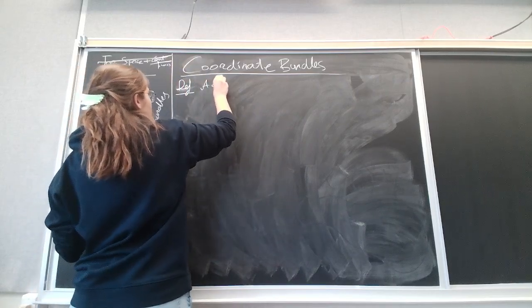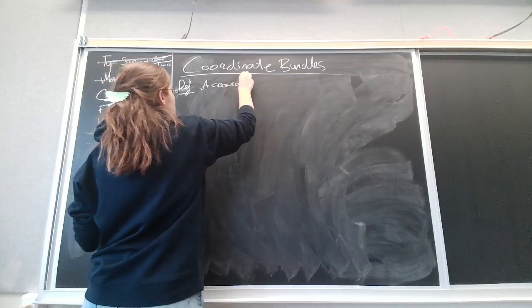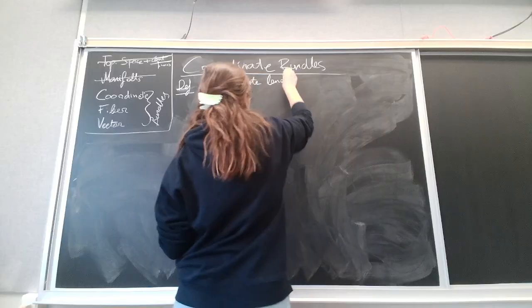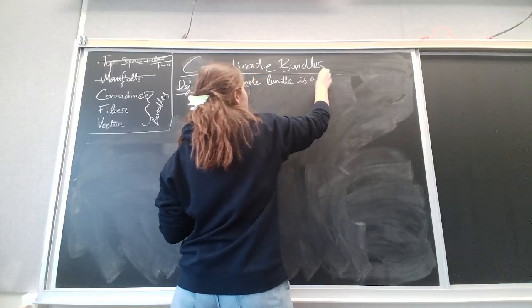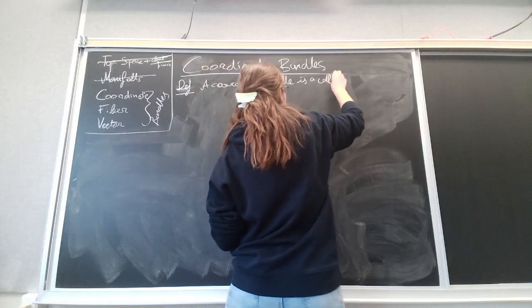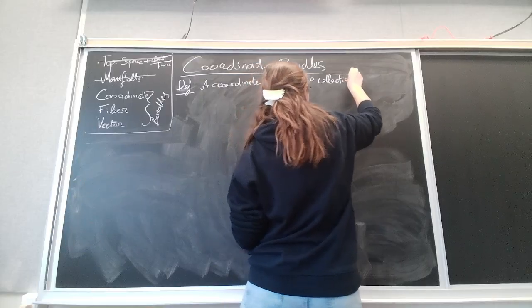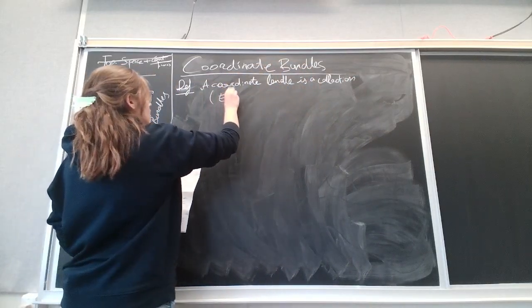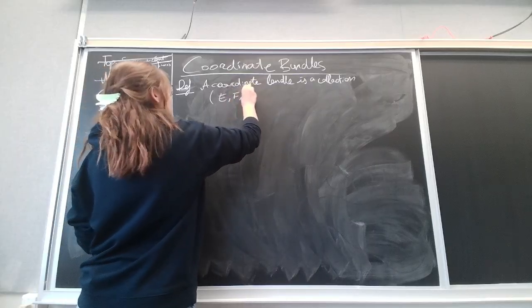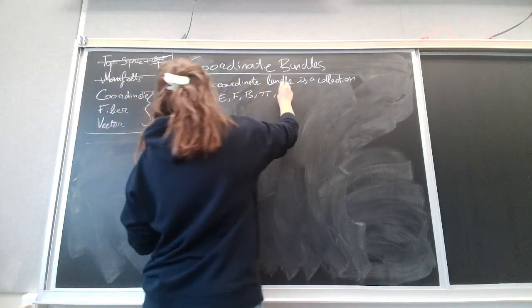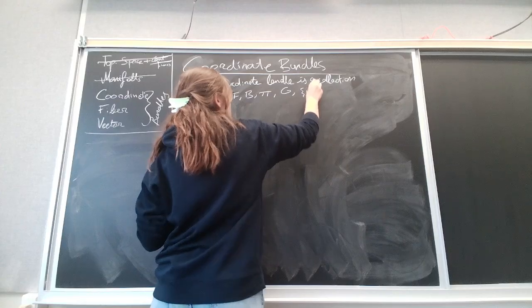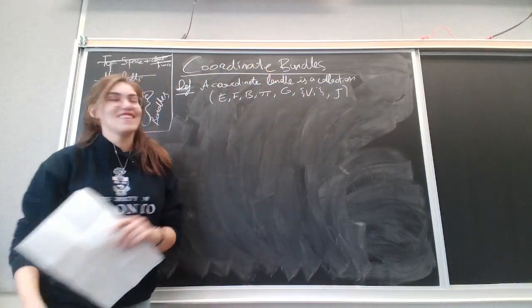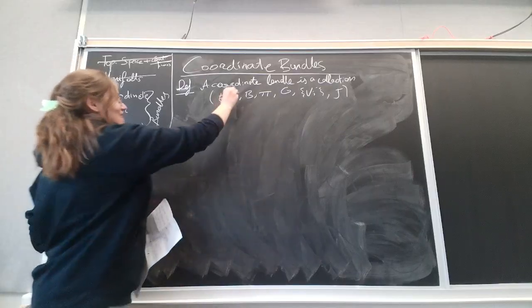A coordinate bundle is a collection E, F, B, P, G, V, I, and J. Now, what are these?